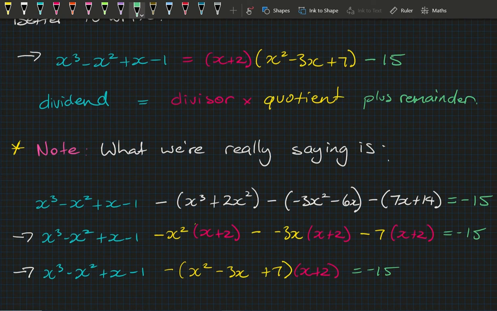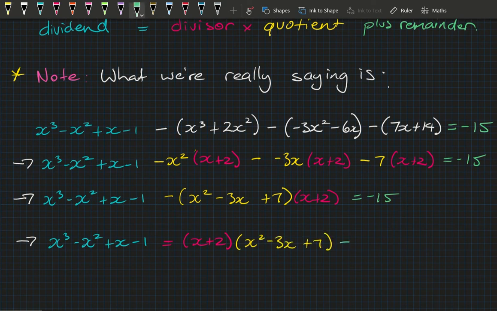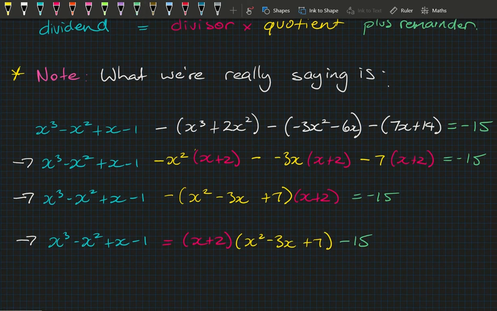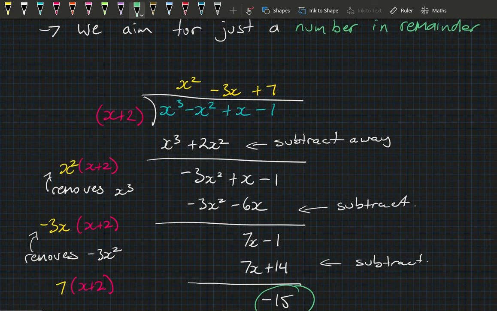So if I add this product to both sides, we're left with x cubed minus x squared plus x minus 1 is equal to x plus 2 times x squared minus 3x plus 7, minus 15. Alright, so let's go back and have a look at it one more time. So we've got our x plus 2 and we're trying to divide it into this blue polynomial.